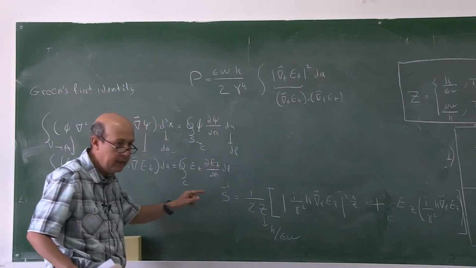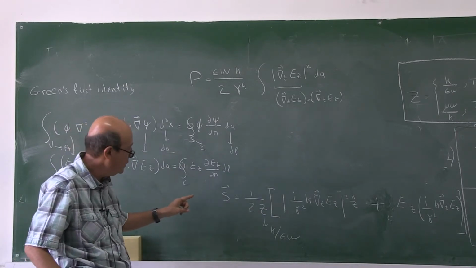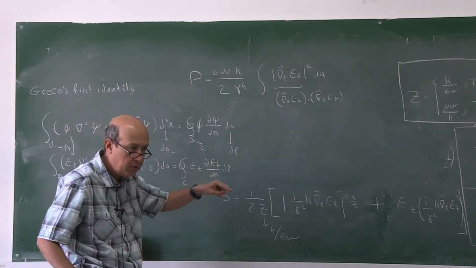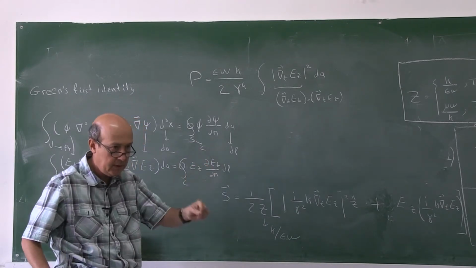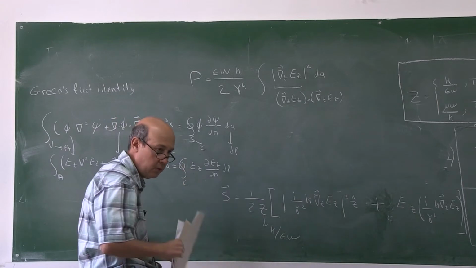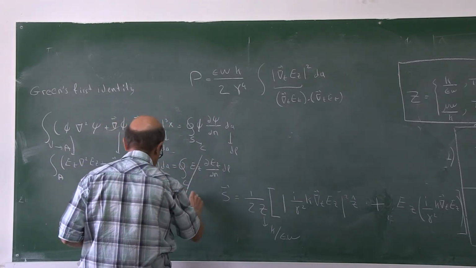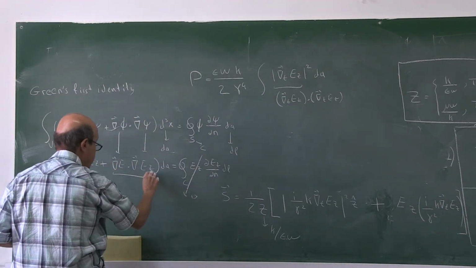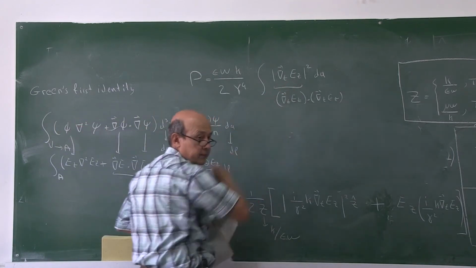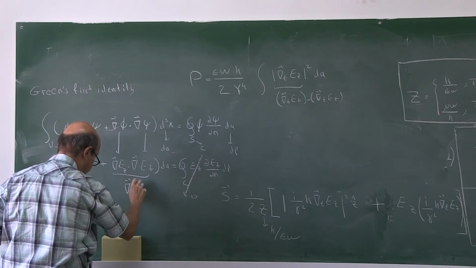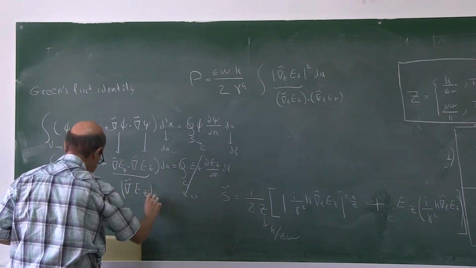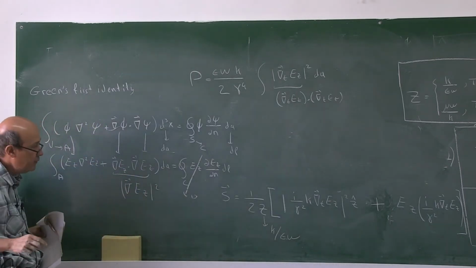And you know that from the boundary condition, if you go to any point on the surface, Ez should be 0. So this should be 0. And this term is the term we are looking for, right? This you have the Z. And how about this? What can we say here?